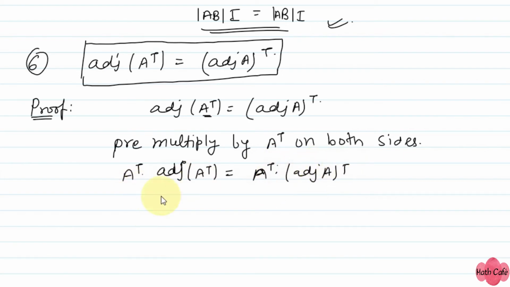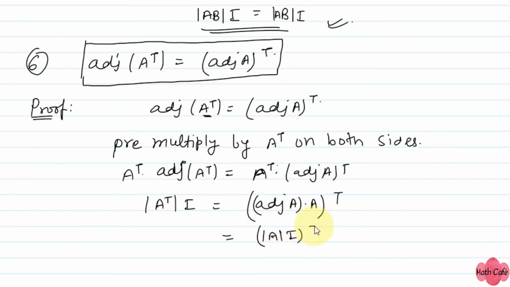Alright, so that is nothing but determinant value of A transpose multiplied by I, that is equal to, we can merge both the terms as adjoint of A multiplied by A whole transpose. Alright, so this is nothing but determinant value of A multiplied by I whole transpose.